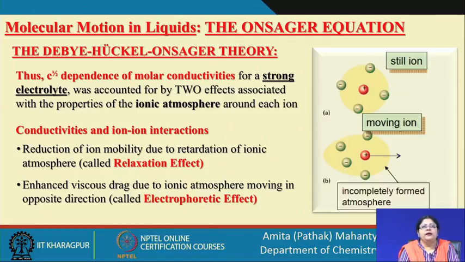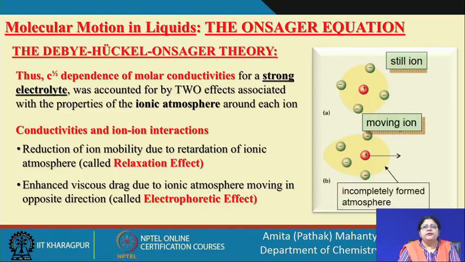These are the ion-ion interactions: reduction of ionic mobility due to retardation of ions in the presence of the ionic atmosphere, and the enhanced viscous drag due to the ionic atmosphere moving in the opposite direction. These are the two effects that play a role when we have an ion in an electric field.